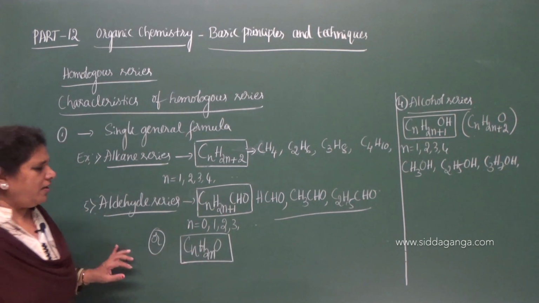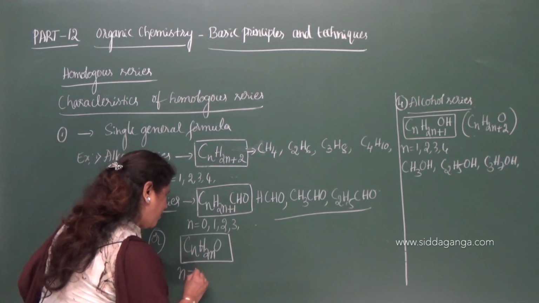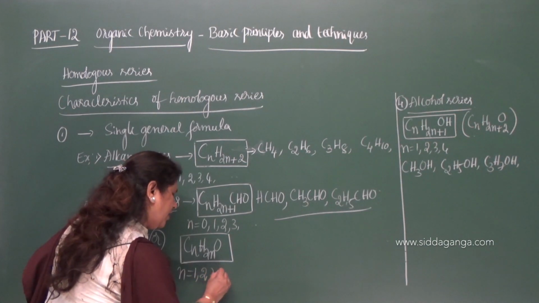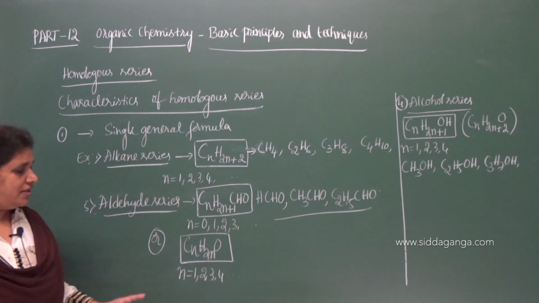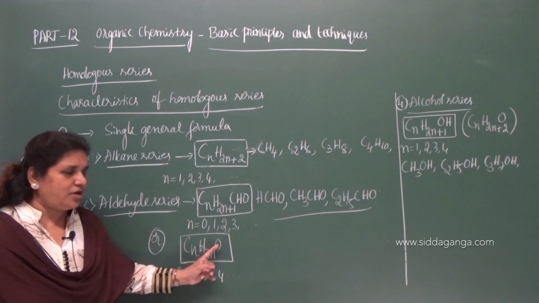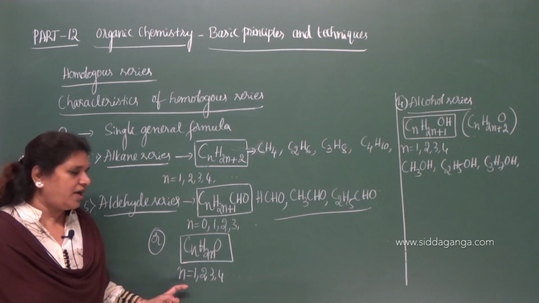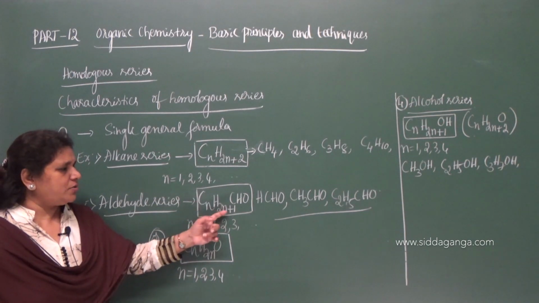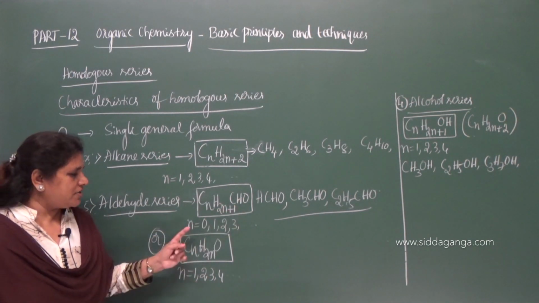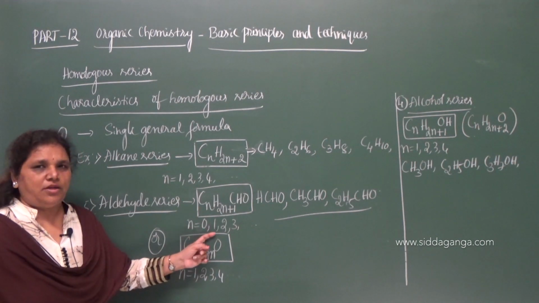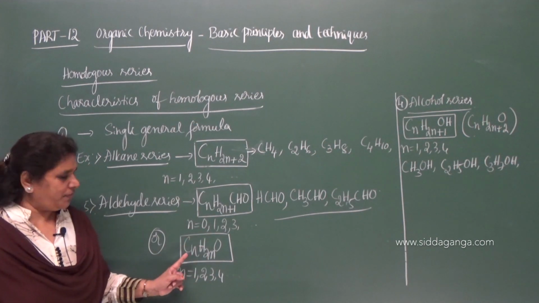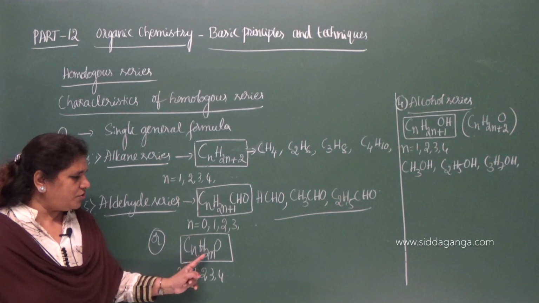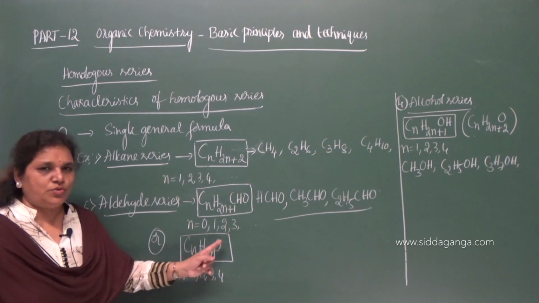Now give the value of n here from 1, 2, 3, 4. If you write the general formula as CnH2nO for the aldehyde series, you have to start the value of n from 1. And if you write CnH2n+1CHO, you have to start the value of n from 0. Now put n equal to 1: C1H2O, CH2O.